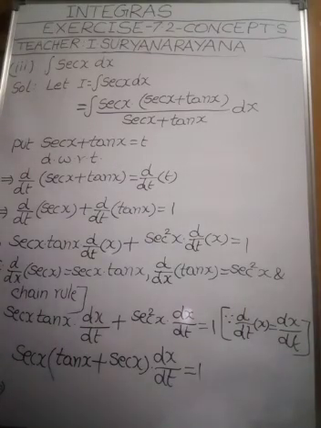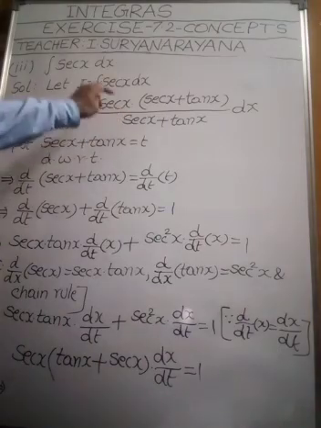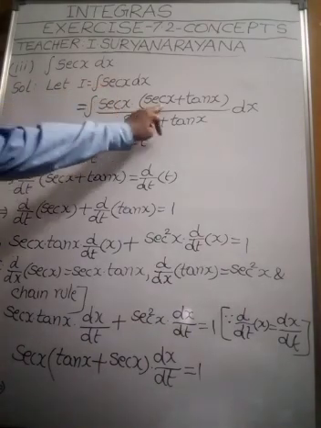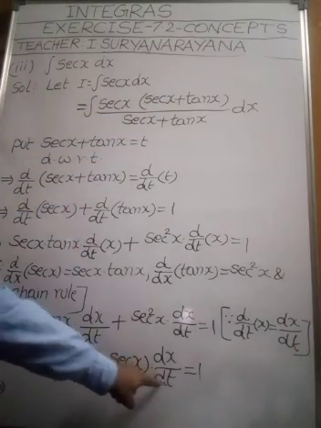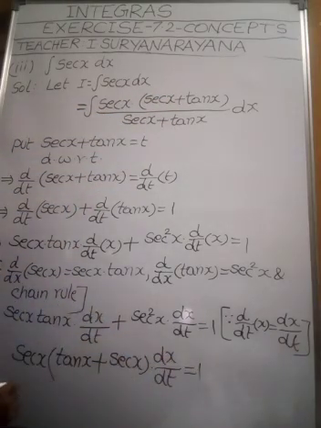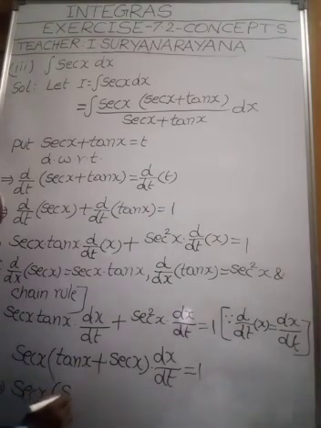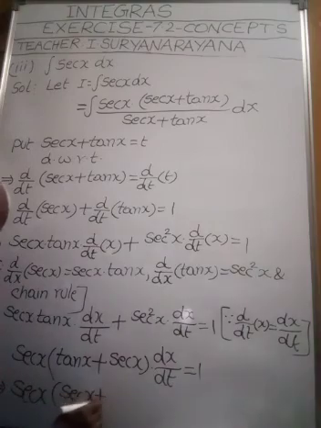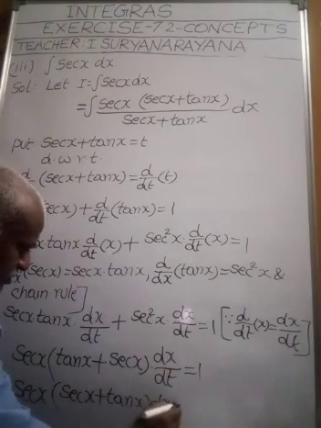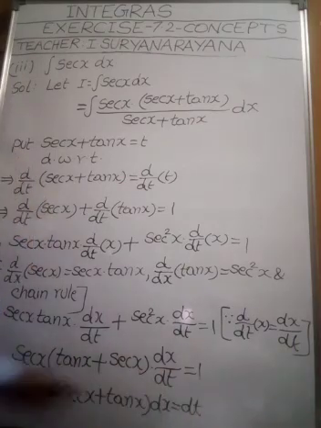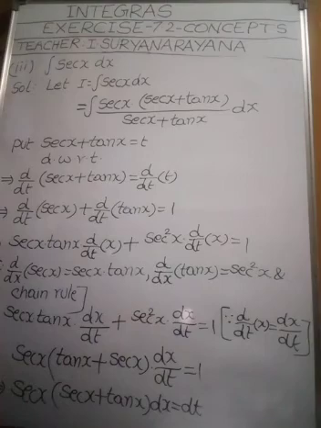Right. From this equation, we have to find secant x into secant x plus tan x dx. You got numerator. So we have to find that value. So secant x into secant x plus tan x dx is equal to, we are sending this dt to RHS, transforming that dt by dt, then it becomes 1 into dt, what will you get? dt.